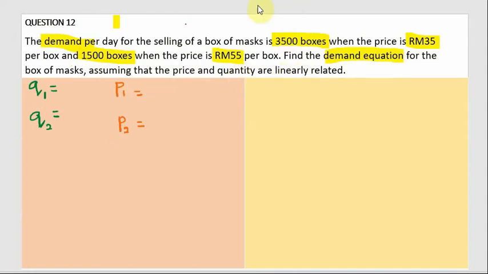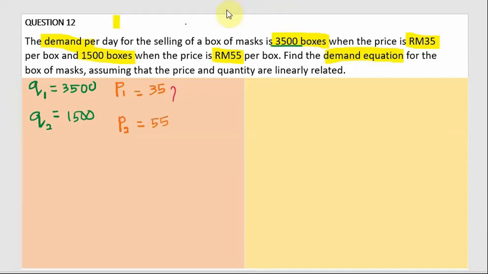From the question, the first quantity is 3,500 and the price is 35. The second quantity is 1,500 and the price is 55.